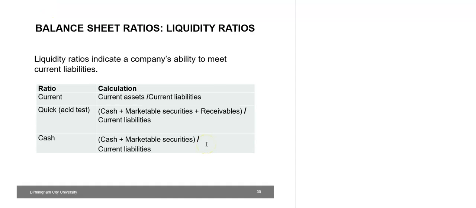Similar to quick ratio, which does not consider inventory for certain reasons, the cash ratio also excludes receivables, considering that there will be a time lag involved in turning receivables into cash, and there is also uncertainty in terms of the amount collected on conversion or collection.